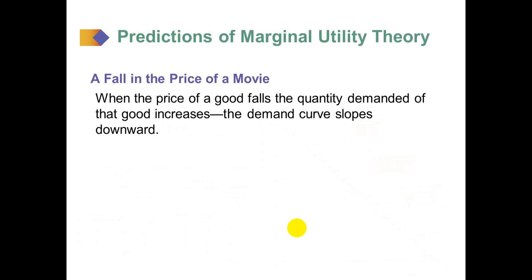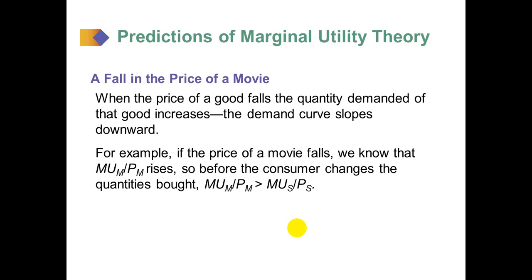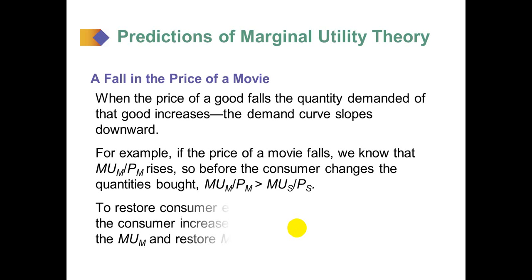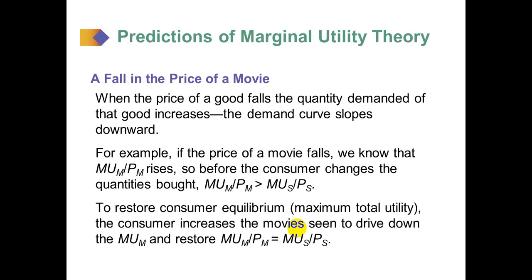A fall in the price of movies. When the price of a good falls, the quantity demanded of that good increases. This is why the demand curve slopes downward. This is the law of demand, as we said before last year. For example, if the price of a movie falls, we know that marginal utility for M divided by PM rises. So before the consumer changes the quantities bought, marginal utility for M divided by PM is greater than marginal utility for S divided by PS.